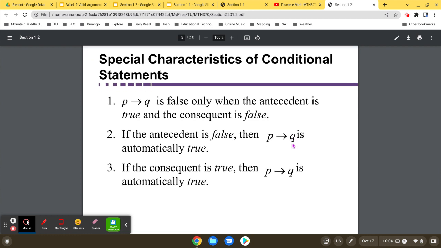Excuse me. So, just explaining the truth table real quickly. P implies Q is false when the antecedent, the hypothesis, is true and the consequence is false. If the antecedent is false, but the consequence is true, then it's automatically true.